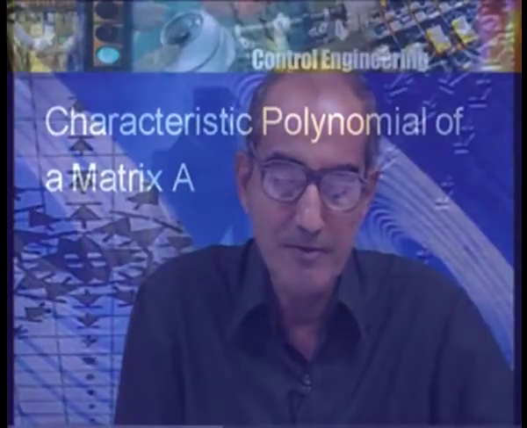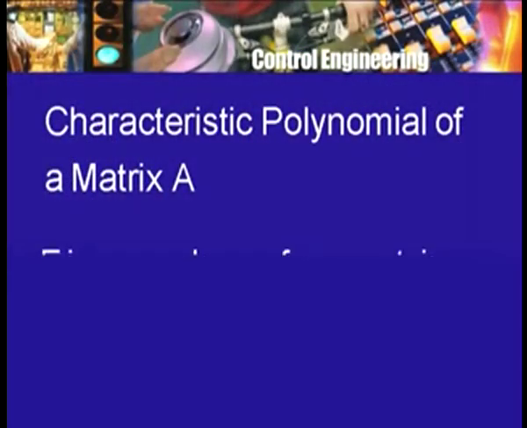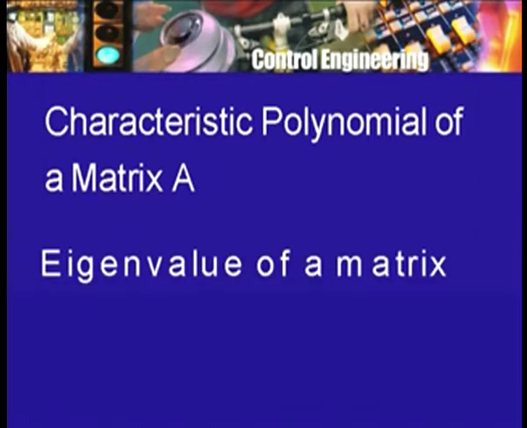Now, the way this comes in this case, it can be introduced in several ways. One is through the concept of what is known as an eigenvalue of a matrix. This is pronounced as eigen. This is a German word which means in English something which is characteristic, very special or particular about something.